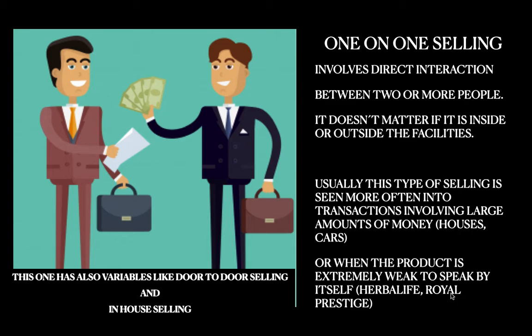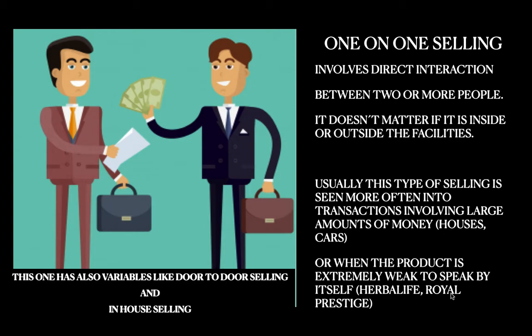Honestly, if you put a can of Herbalife on a shelf, it will not sell by itself because they are not even properly packaged. I mean, if you see one protein from Herbalife and then you see another one from GNC or something like that, not even the colors, not even the labels, they are just awful, okay?